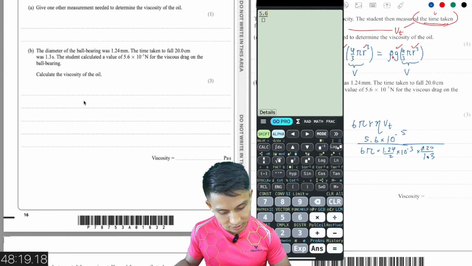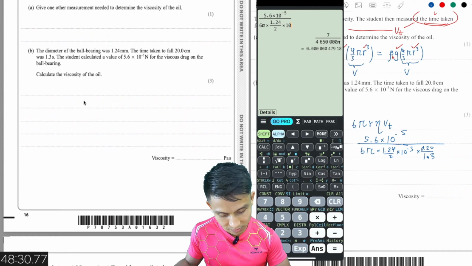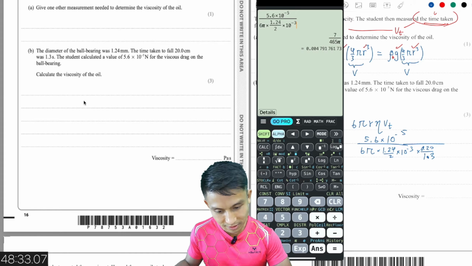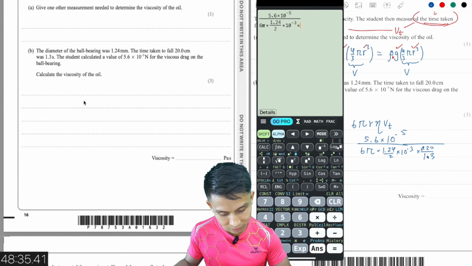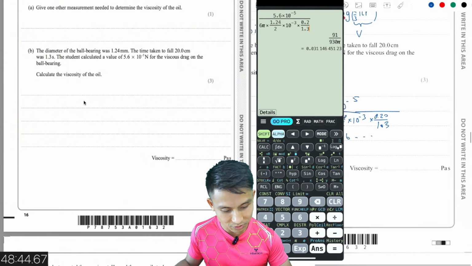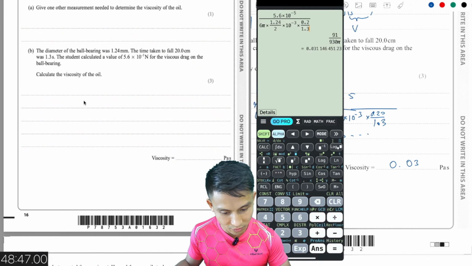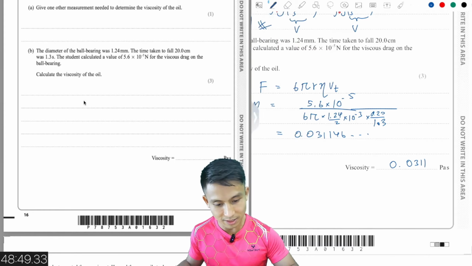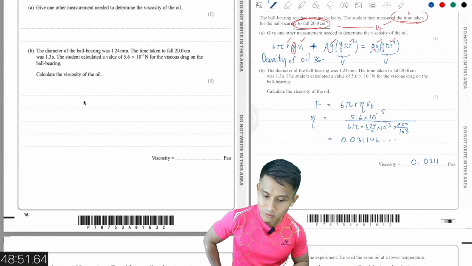Okay, so 5.6 times 10 to the minus 5 divided by 6 pi times 1.24 divided by 2 times 10 to the minus 3, and then times 0.2 divided by 1.3. So that comes to be 0.031146, and so on. I'm just going to make it 0.0311, okay? Like that. So that would be the answer there.